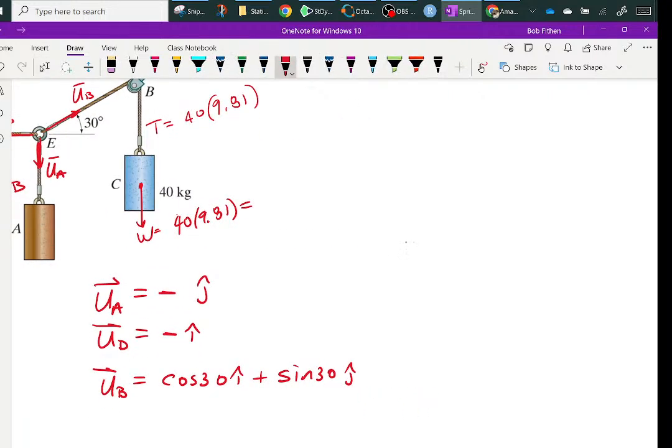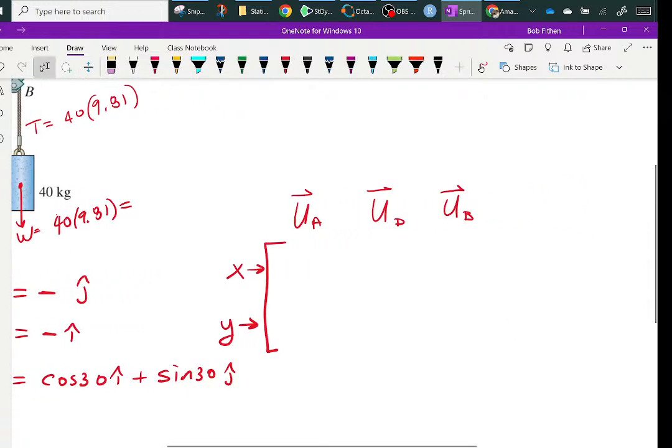I'm going to make a matrix that has the sum of the forces in the x equation first, and the y equation second. I'm going to list it here with UA, then UD, and then UB.